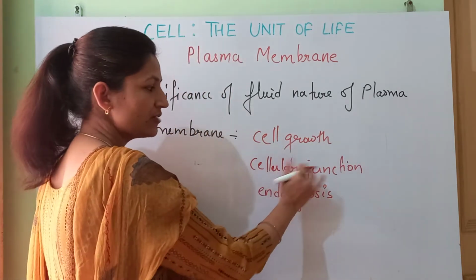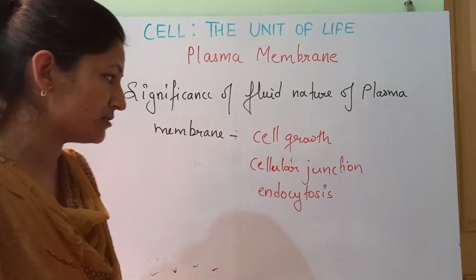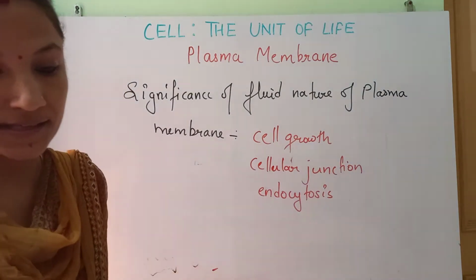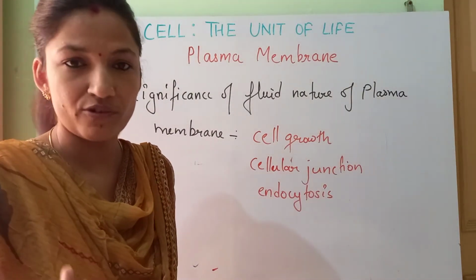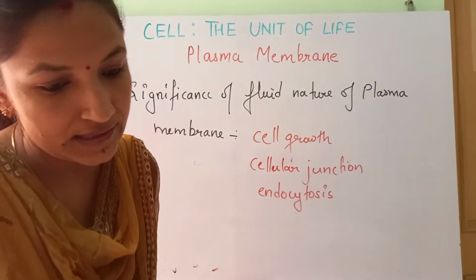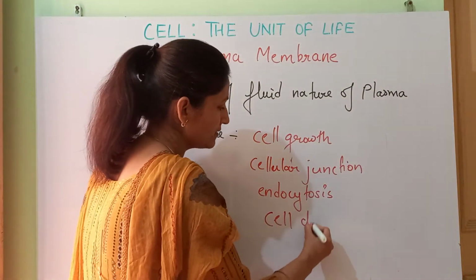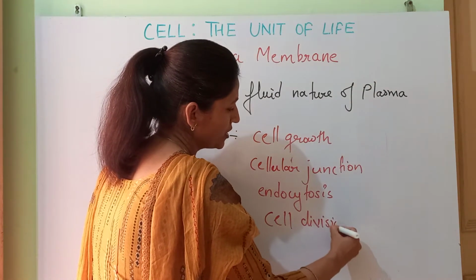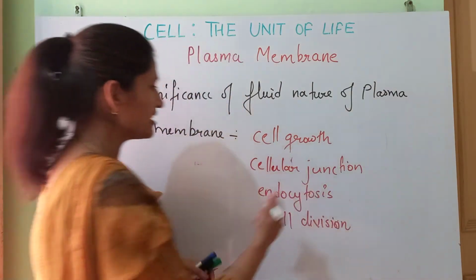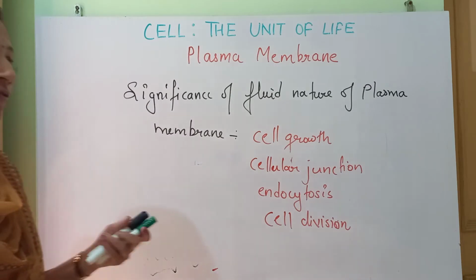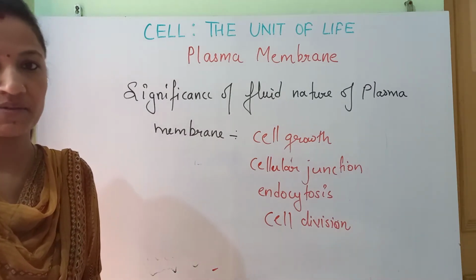Cellular junctions are for interaction with other cells. It helps to form the interactions with other cells. And the cell division. So in this way many functions are performed because of the fluid nature of the plasma membrane.